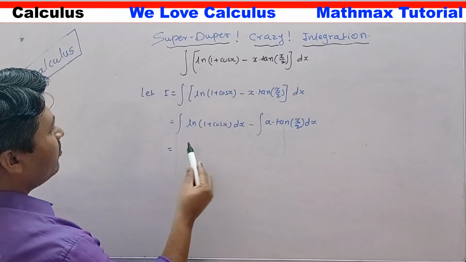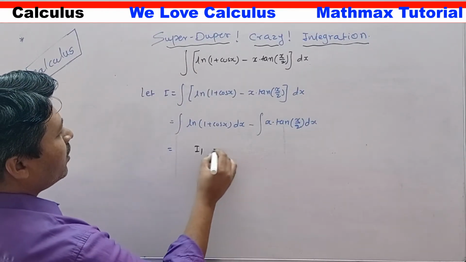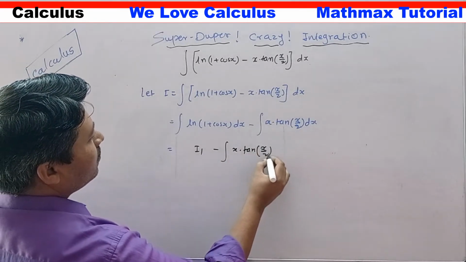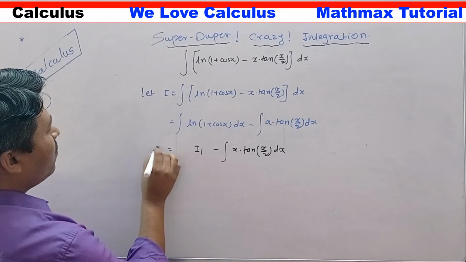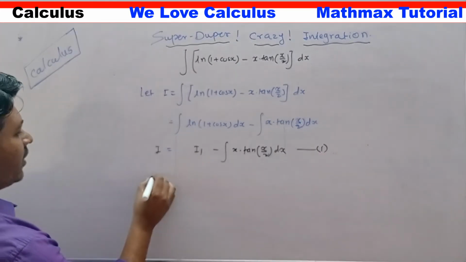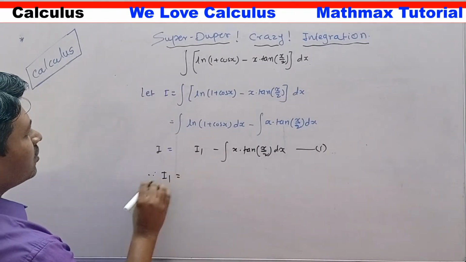Suppose this is I1 minus integration x tan(x/2) dx. Now we can separately solve I1, where I1 is equal to the integration of ln(1 + cos x) dx.